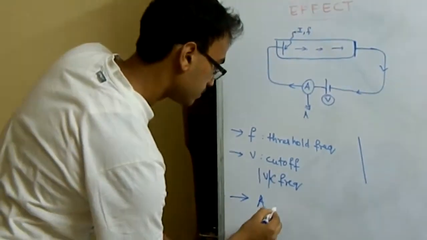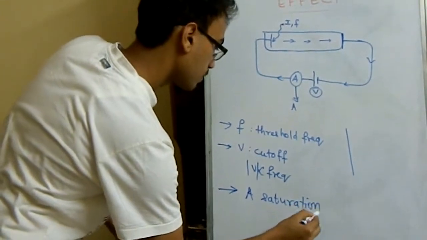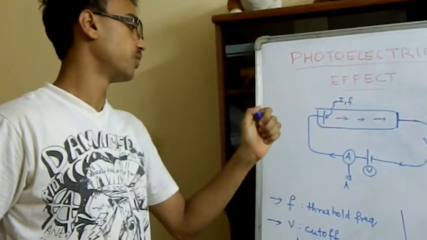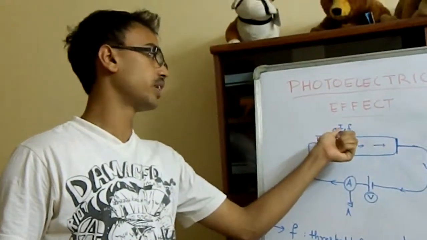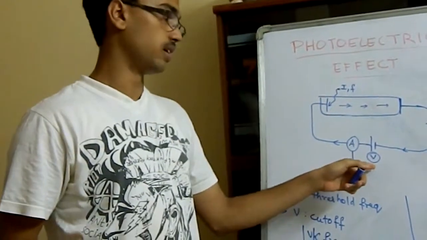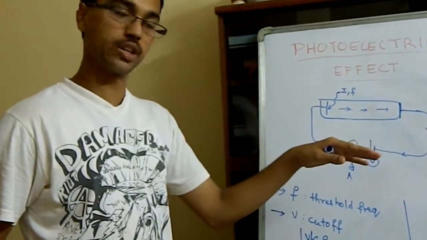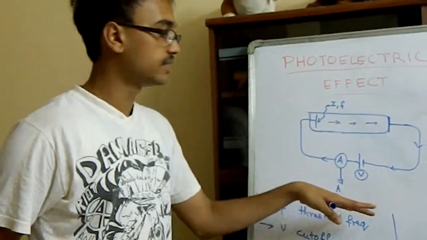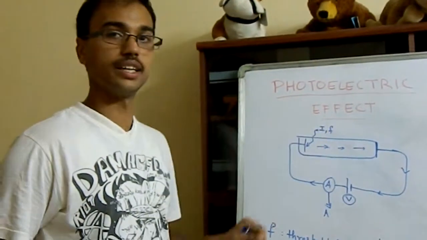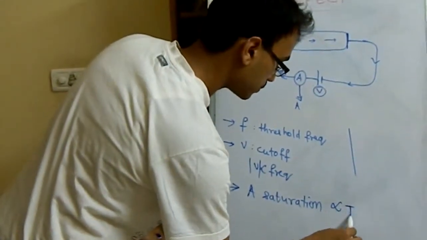Third, the saturation current. When the frequency and the intensity of the radiation are kept fixed and the voltage is increased, the photocurrent increases and saturates to a particular value, and this saturation value is directly proportional to the intensity of the radiation.